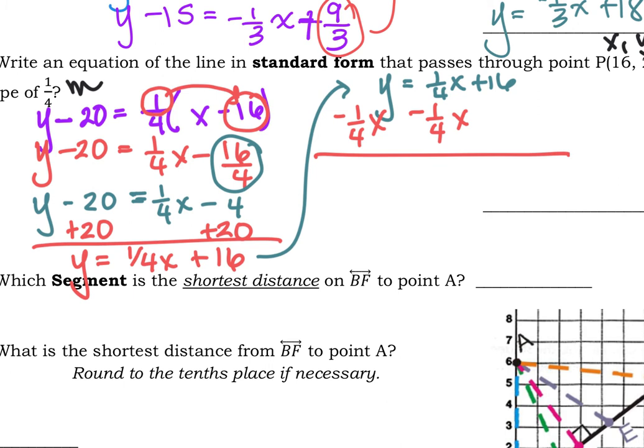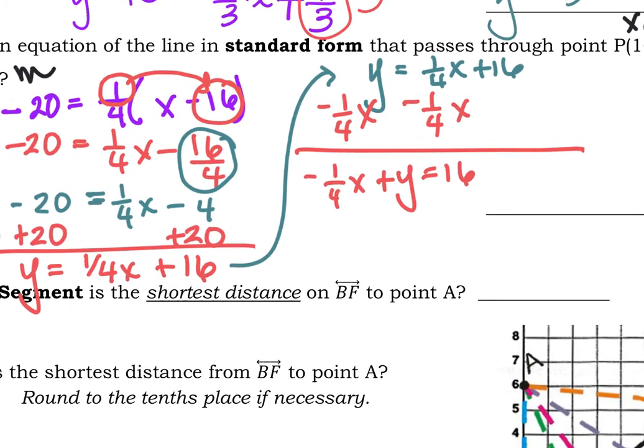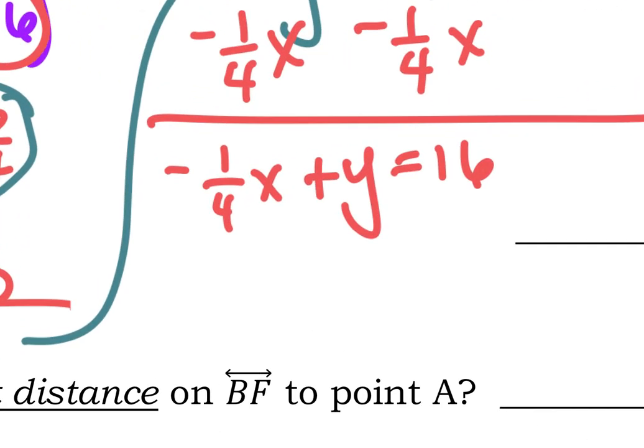So you always write the x first, so negative 1/4 x plus y equals 16. How do I get rid of that negative and that fraction? Do you remember, we multiply by the number on the bottom and by the negative, all at the same time.